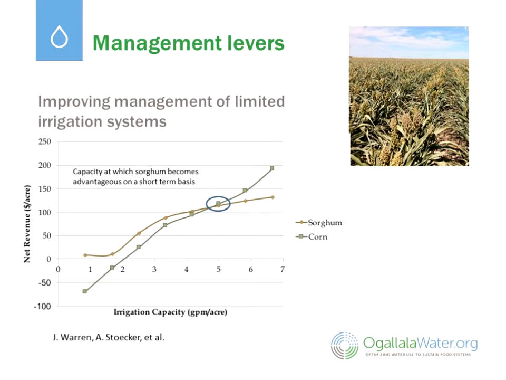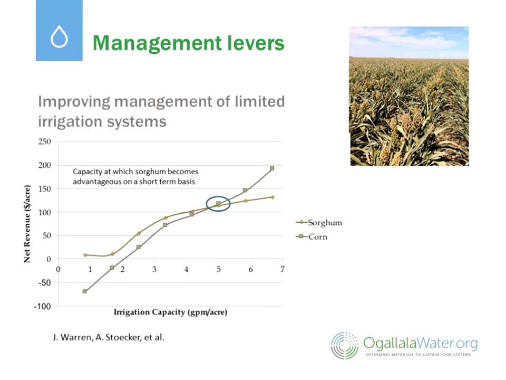Sorghum, however, tends to be a relatively more drought-tolerant crop in terms of production. This figure shows that as the irrigation capacity, so the well capacity, declines, the net revenue, the y-axis here, of corn versus sorghum shows sorghum becoming more profitable at lower well capacities, as opposed to corn being more profitable at higher well capacity.